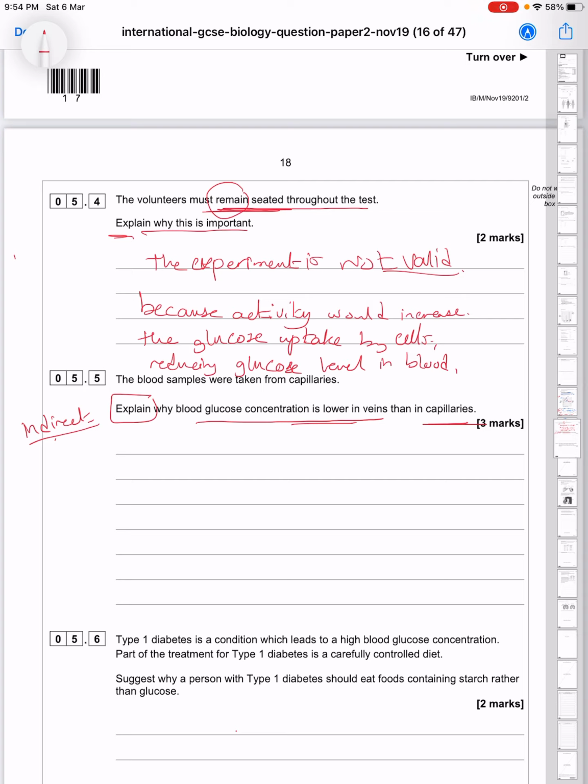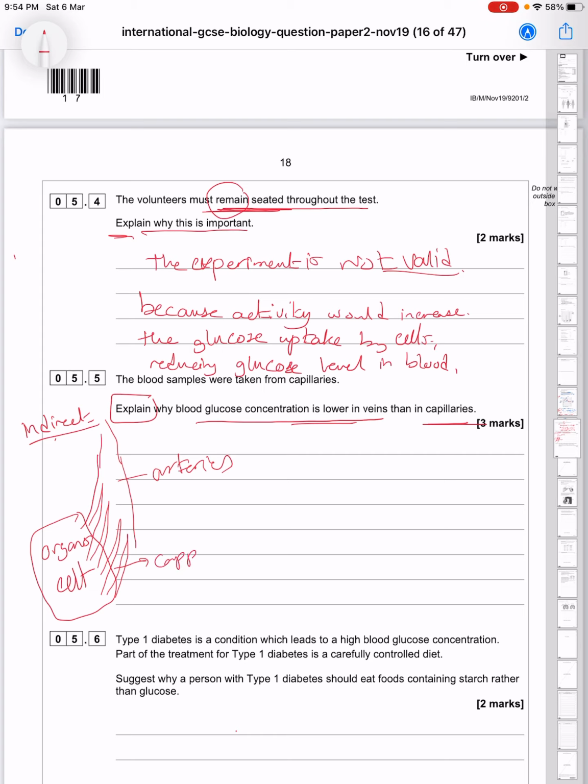And if you have the information that capillaries, let me draw a simple drawing here to explain this. Whenever you have body organs or cells, you will have capillaries, right? Those capillaries are basically coming from arteries.